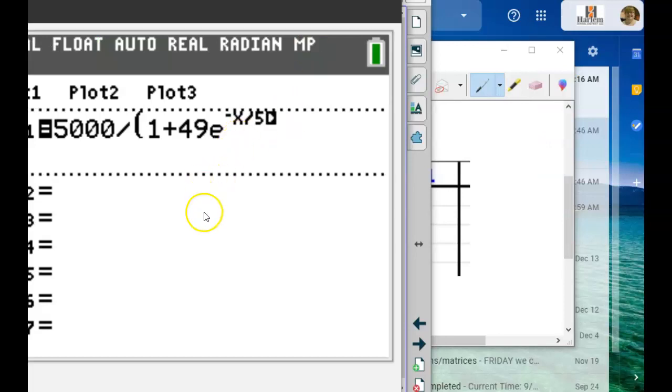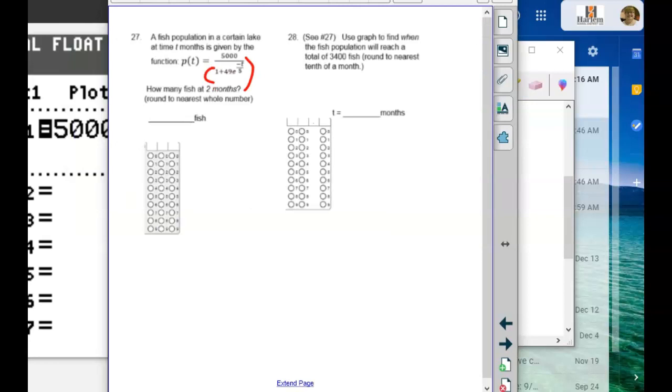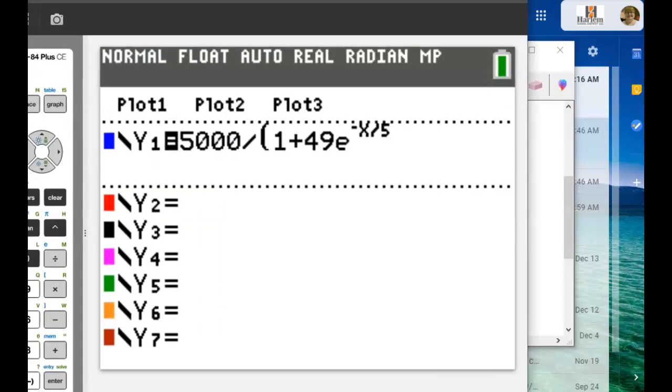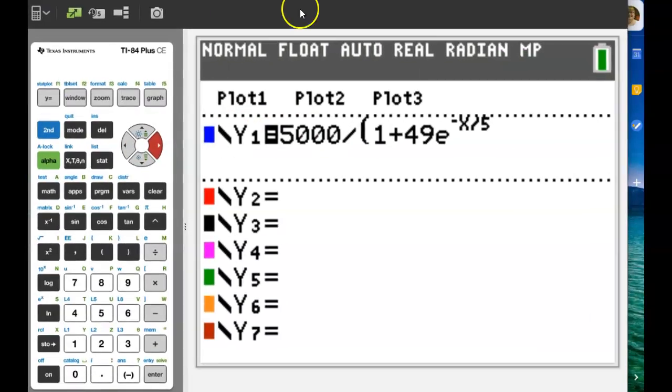So it looks like this. Then I'm going to arrow to the right, so I'm out of the exponent, and close the parenthesis.